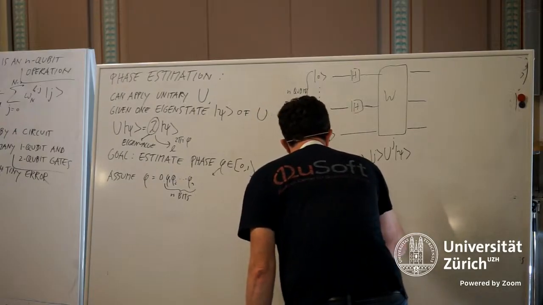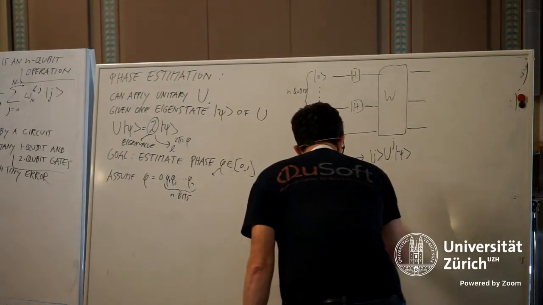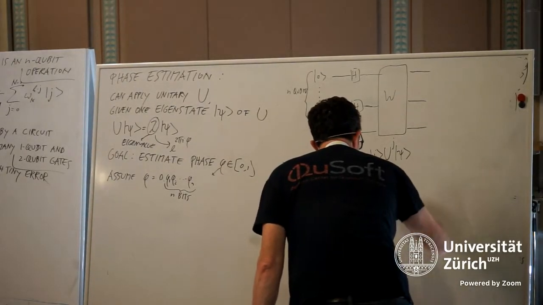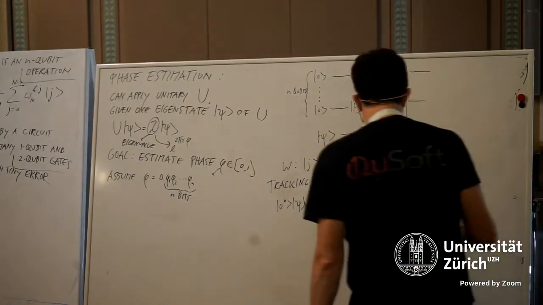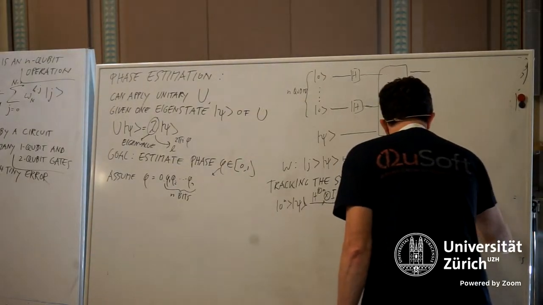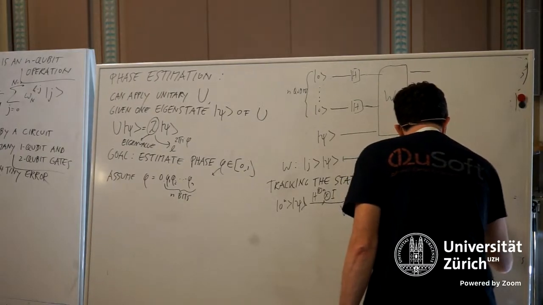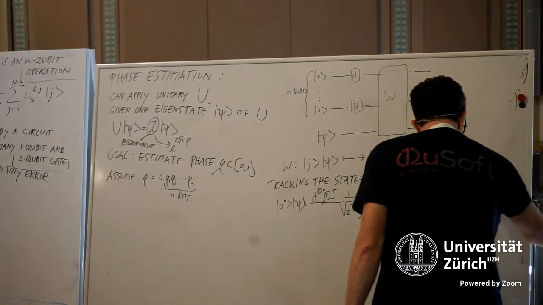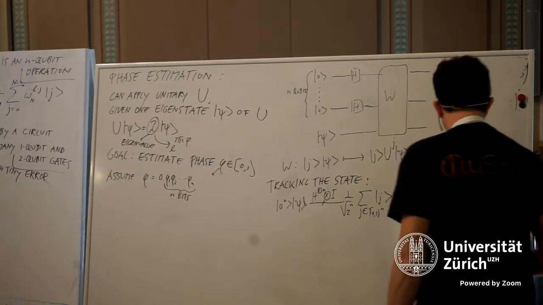We get a uniform superposition over all the strings j of little n bits in the first register. We still have psi in the second register. We apply W. We get 1 over root 2 to the n, sum over j, ket j, and then U to the power j is applied to psi in the second register.